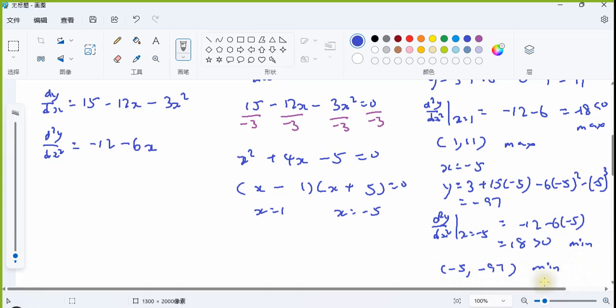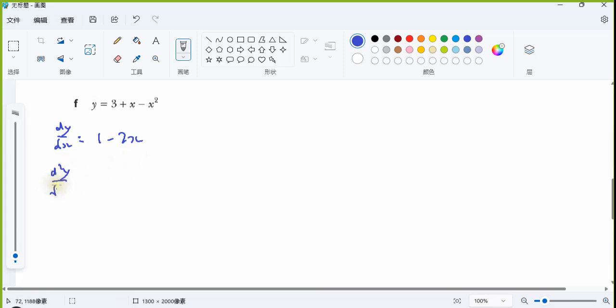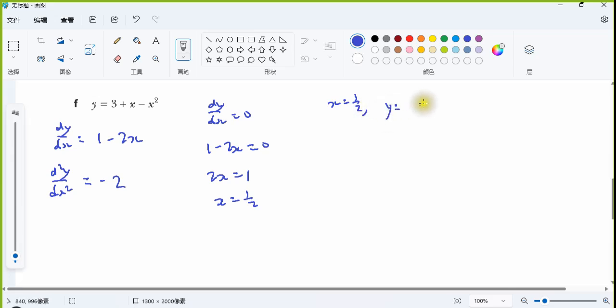Okay. And the dy/dx is 1 minus 2x. And the second derivative will be negative 2. So if we have dy/dx equal to 0, 1 minus 2x equal to 0, 2x equal to 1, x equal to half. So when x equal to half, y is 3 plus half minus half squared.